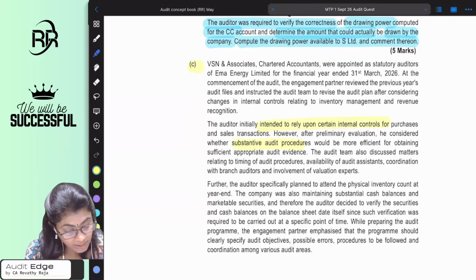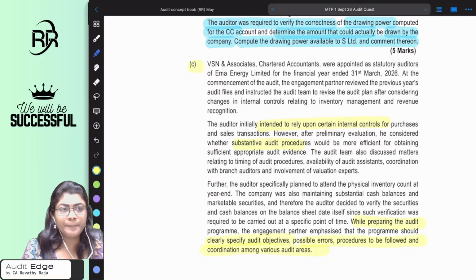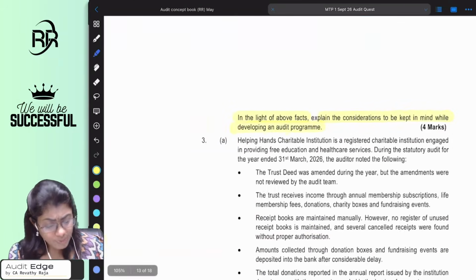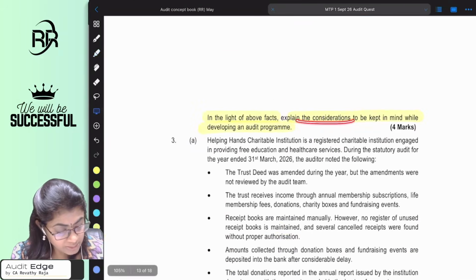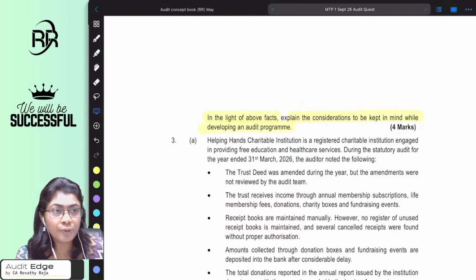Team also discussed the matter relating to timing of audit procedures, availability, etc. Further, auditors specifically plan to attend the physical count at the year end. Company is also maintaining substantial cash expenses. While preparing the audit program, emphasize that program should clearly mention the objective, errors, etc. So, this is a direct question. Explain considerations to be kept in mind while developing an audit program.